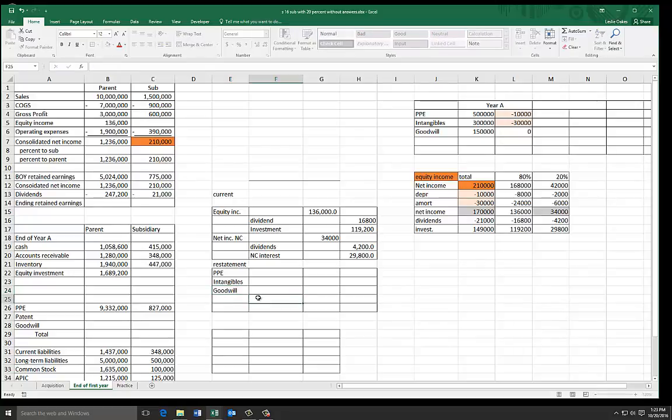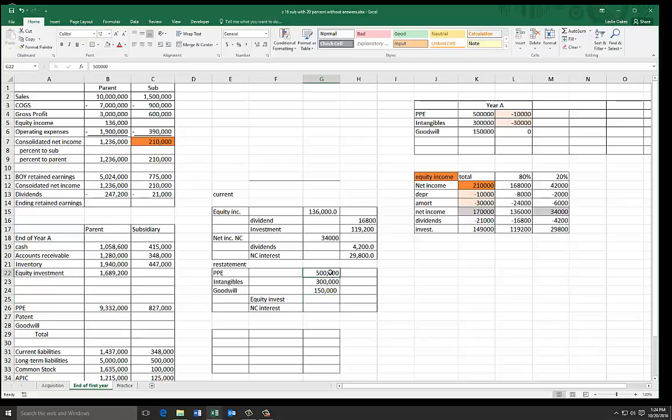And we have to decide how much of that is attributable to the equity investment of the controlling majority ownership, and how much is non-controlling interest in the increase in these assets. We get this right off the table, $500,000. Intangibles, $300,000. Goodwill, we calculated that at the beginning of the problem.